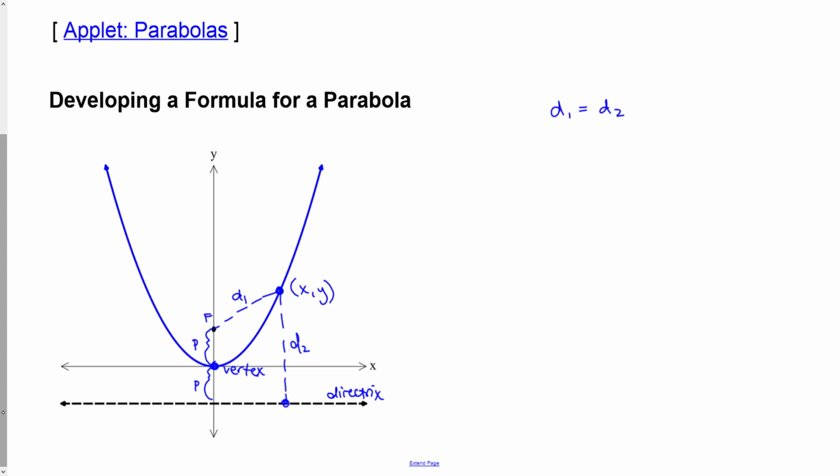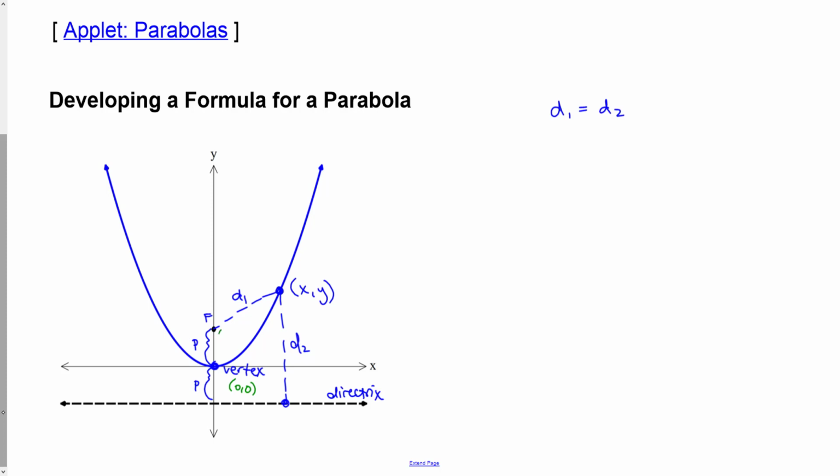Now, I'm going to give coordinates to the focus based off of that. The vertex, I will say, is located at 0, 0. I can locate it at h, k, but for our purposes, in order to derive this formula, it's going to be easier to assume the vertex is at 0, 0, and then use shifts and translations to move it later on.